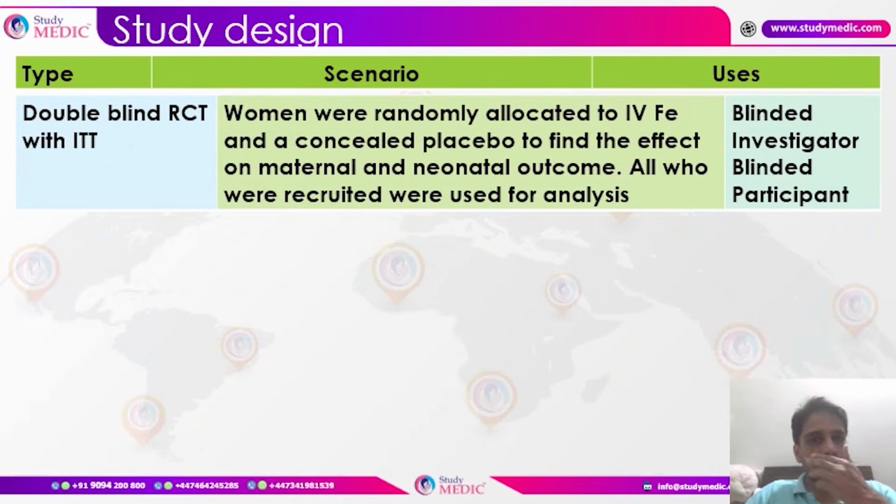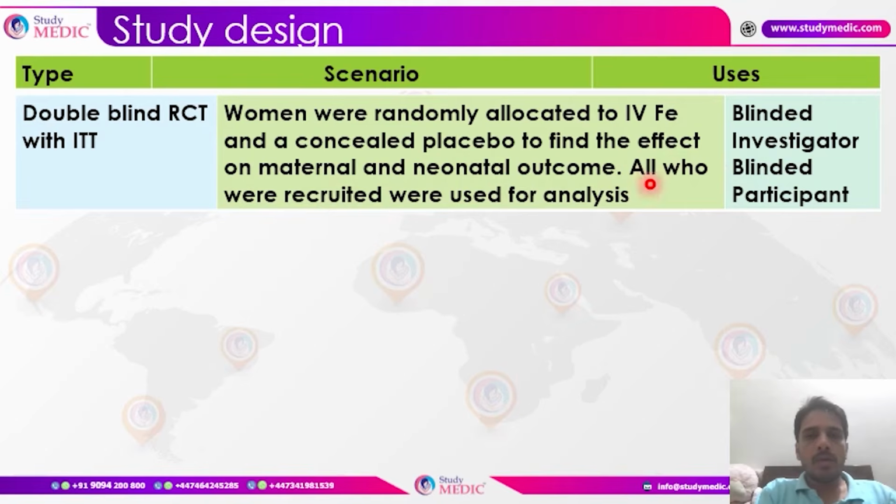Now, what is a double-blind RCT with intention to treat? We can see here, women were randomly allocated to IV iron therapy or a concealed placebo to find the effect on maternal and neonatal outcome. They were randomly allocated, so it's a randomized controlled trial. Both investigator and participants were blinded to whether they were given IV iron or, because it's a concealed placebo, nobody knew what type of treatment was given to whom.